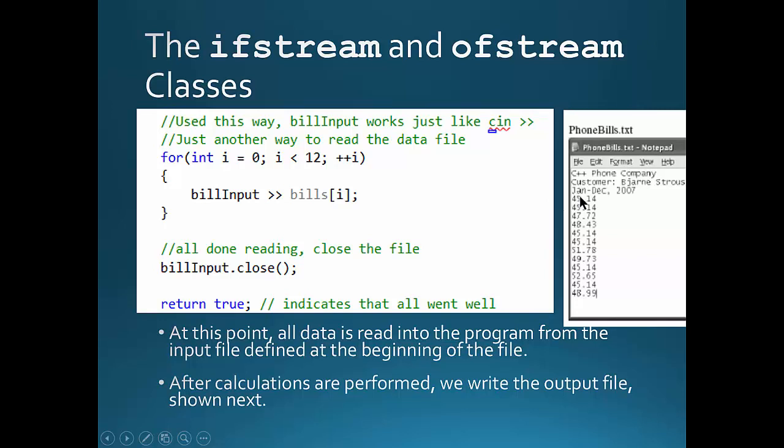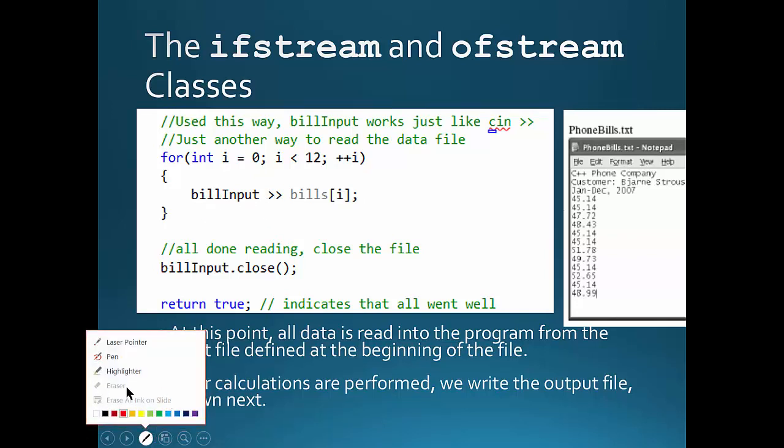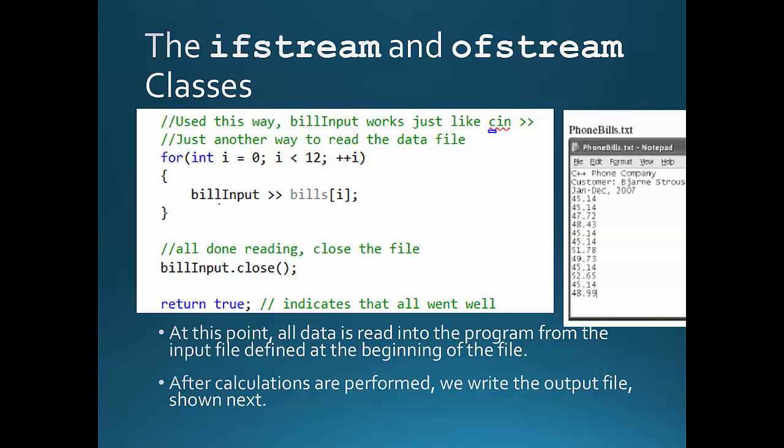Similarly, now we're sitting here with the file pointer in front of 45.14, and we want to read the rest of those numbers in. So the next step, we could create a loop, and we could use just the same format as you would use for cin. Often, you're used to seeing cin here.